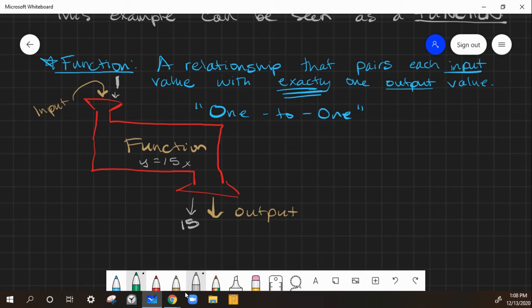The answer is no. It would still be 15. This is an example of 1 to 1. If I put in the number 2, then the number 30 comes out. If I put in the number 3, the number 45 comes out. There will always be one unique x value with one unique y value.